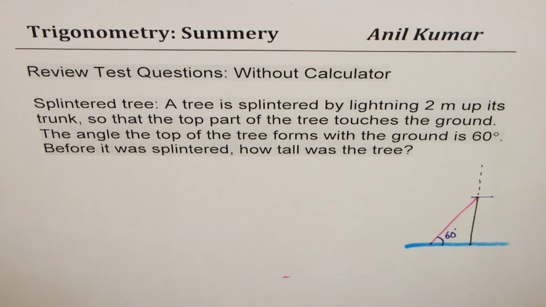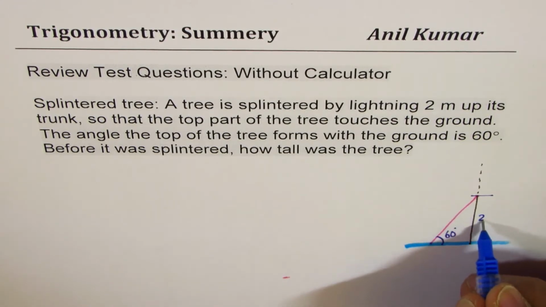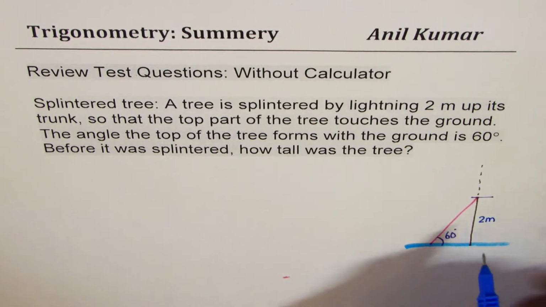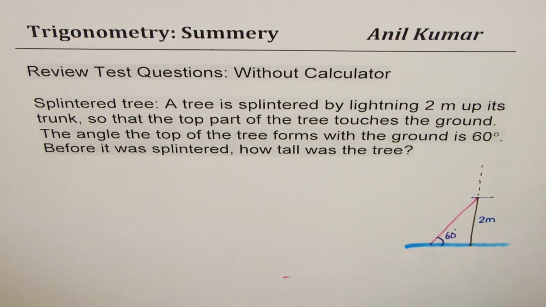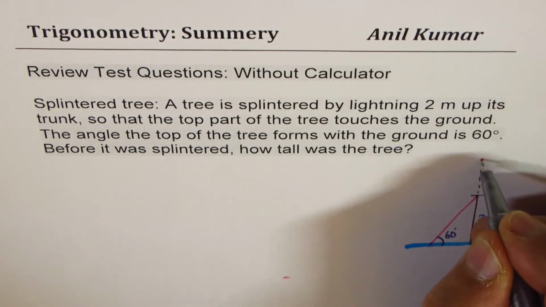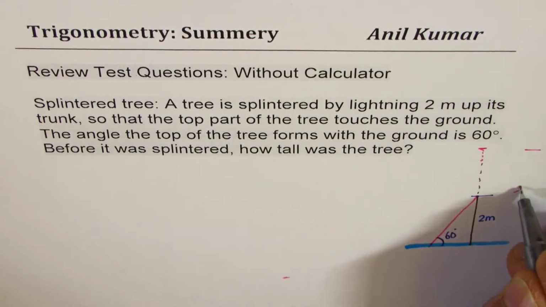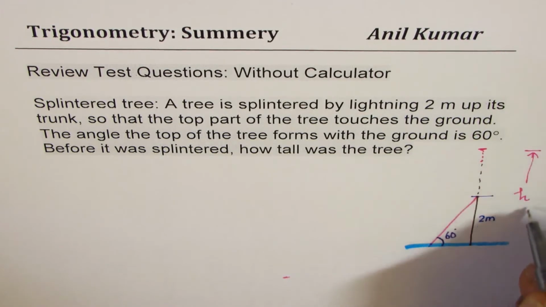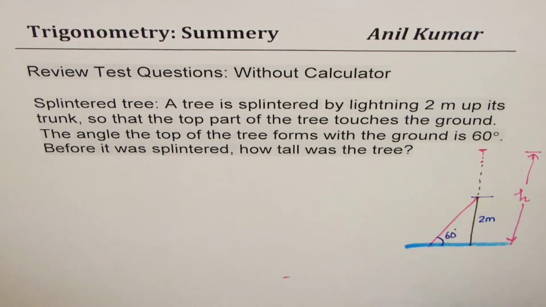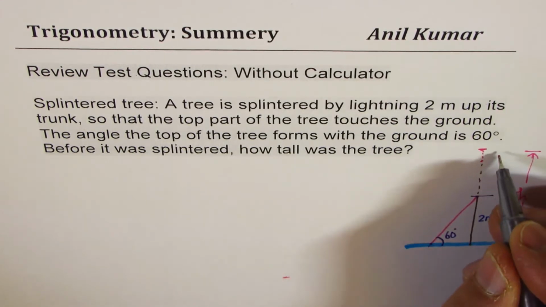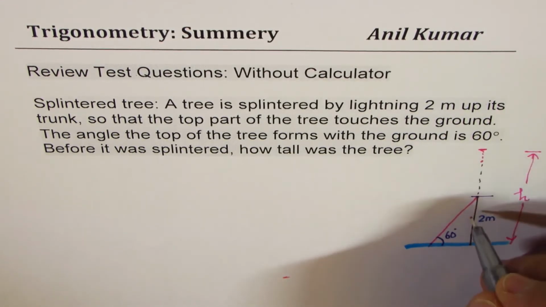And this portion from where it broke was 2 meters high. So initially this was right there, correct? So the total height is h, which we need to find.